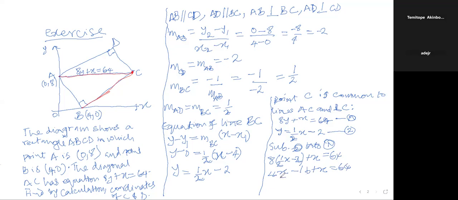So 5x will now be equal to 64 plus 16. That will be what? I'm waiting for your response. 64 plus 16, that's what?